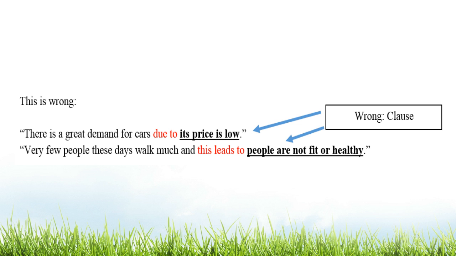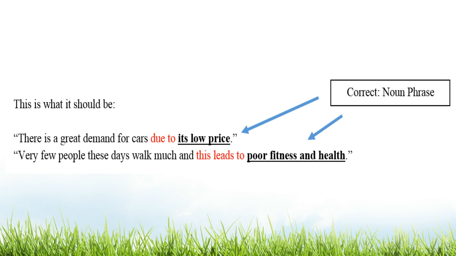The reason the underlined and bold words are wrong is that its price is low and people are not fit or healthy are clauses and not noun phrases. This is what it should be. There is a great demand for cars due to its low price. Very few people these days walk much, and this leads to poor fitness and health.